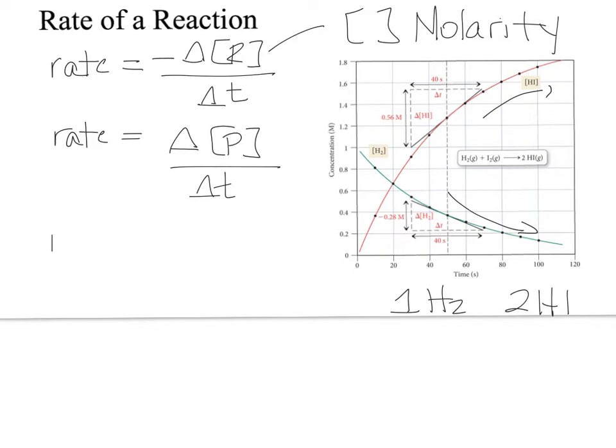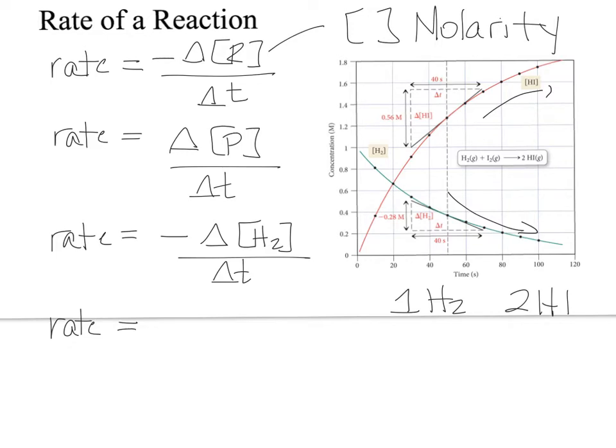Okay, so if I'm specifically writing for this reaction, rate is equal to negative change in hydrogen concentration over the change in time. Or rate is equal to positive change in hydrogen iodide concentration over 2 times the change in time. And the 2 comes from the mole ratio of the original balanced reaction.